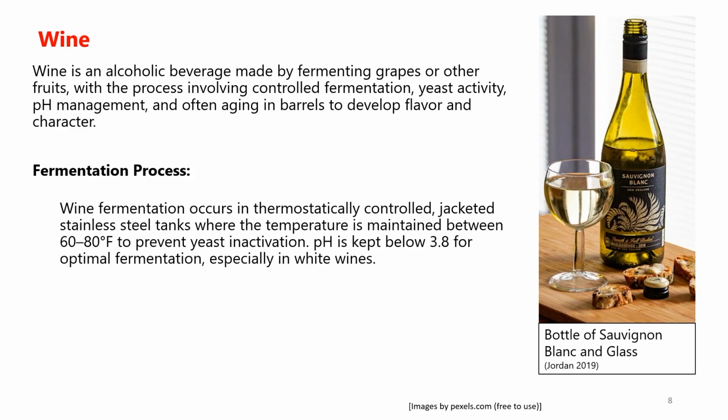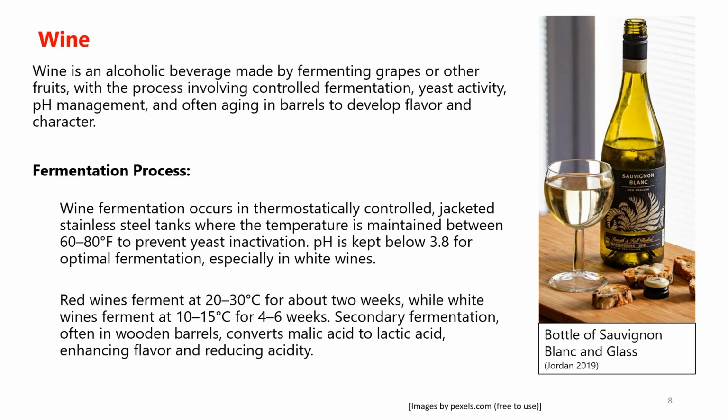The fermentation process occurs in thermostatically controlled jacketed stainless steel tanks where the temperature is maintained between 60 to 80 degrees Fahrenheit to prevent yeast inactivation. pH is kept below 3.8 for optimal fermentation, especially in the case of white wines.